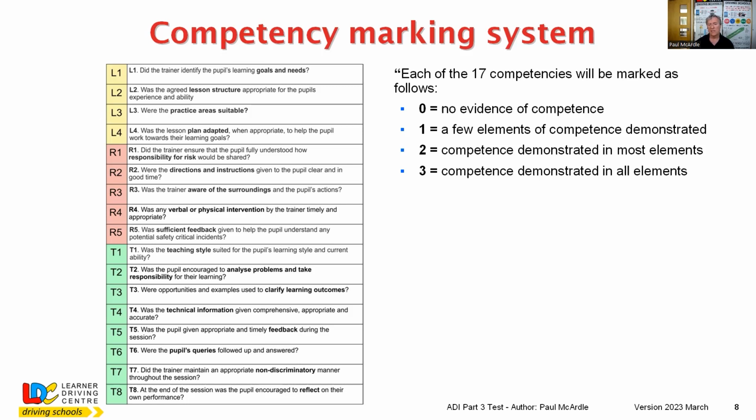Now, in this case, if you were to ignore those needs, which quite clearly are obvious to the examiner, if not to you as the PDI or the ADI, then all of a sudden, this first competency, which you were thinking of 3, is now possibly thinking about 2, 1, or even 0, depending on how you progress from this point onwards.